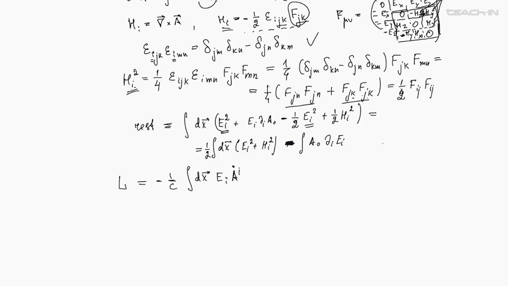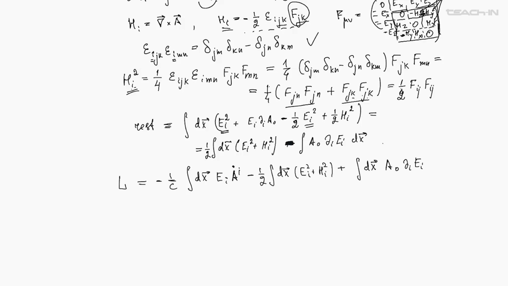So it's minus 1/2 integral dx ei squared plus hi squared plus integral dx a0 di ei. So we have achieved our goal. So we have written the phase space Lagrangian.